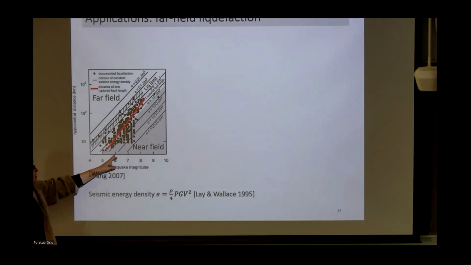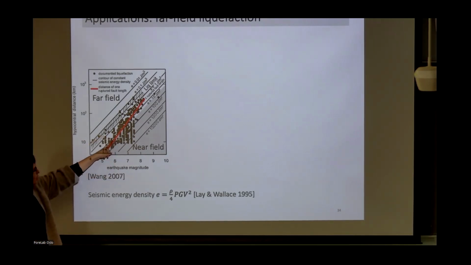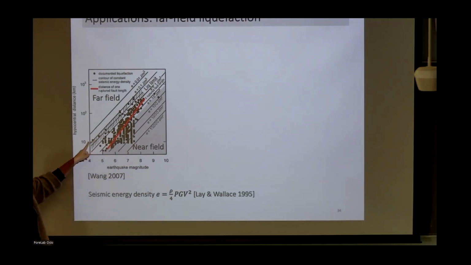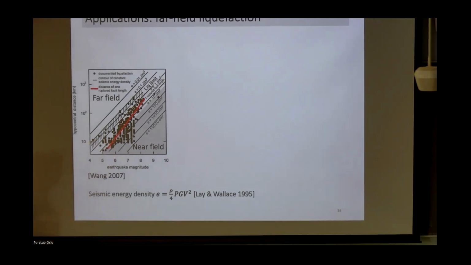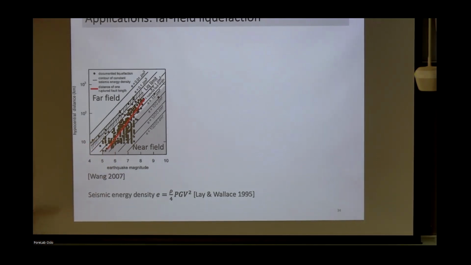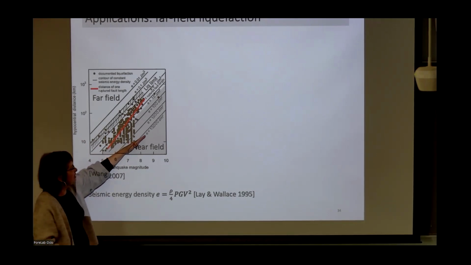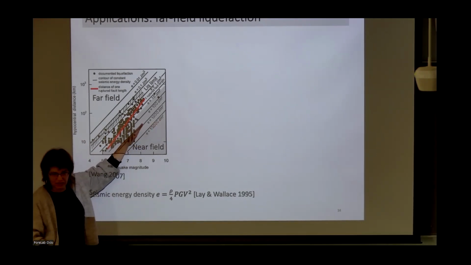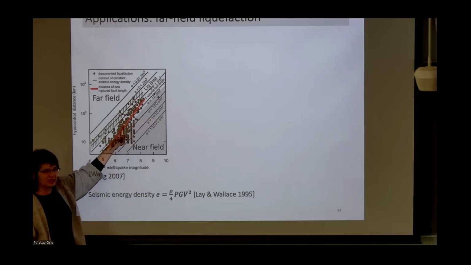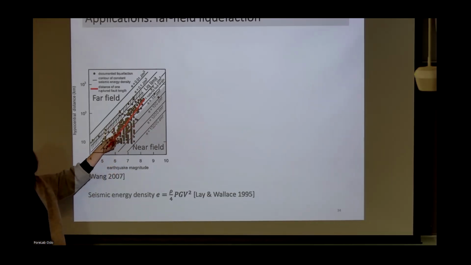And let's say this dot is at earthquake magnitude 6 at a distance of 12 kilometers from the earthquake. They measured liquefaction. And the tilted lines are the calculated energy density, joule per meter cubed, that was felt at that particular location, that distance from this magnitude.